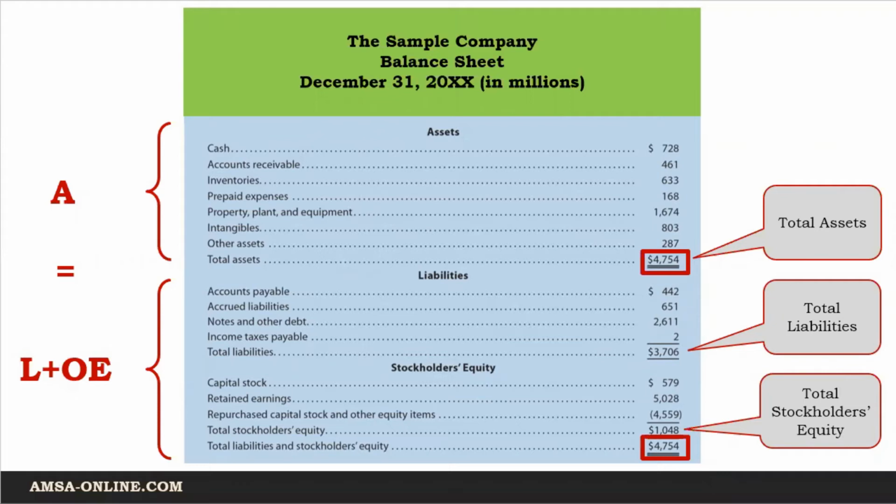Total liabilities and stockholders' equity add up to $4,754 million, which is equal to the total assets. The accounting equation balances: assets equal liabilities plus owners' or stockholders' equity.